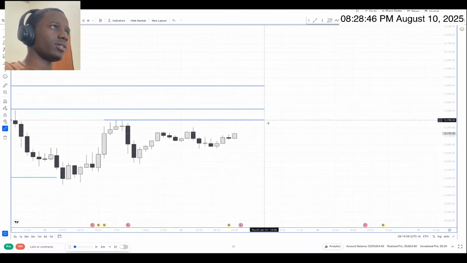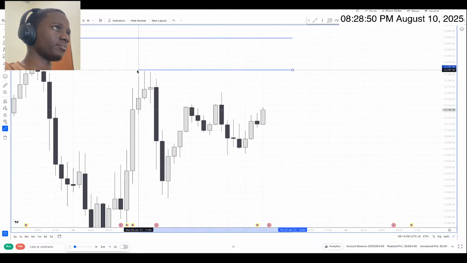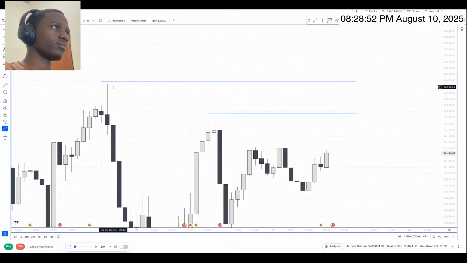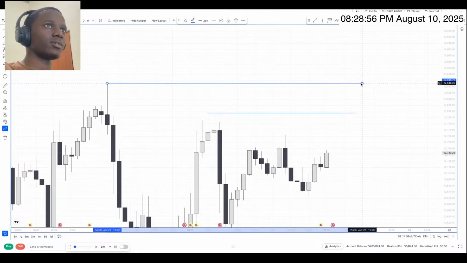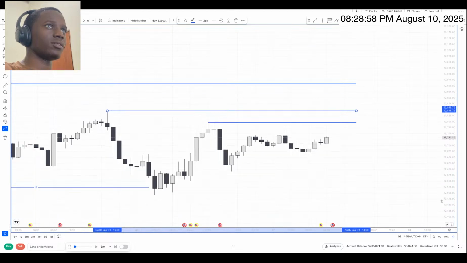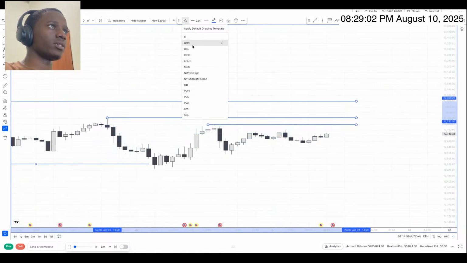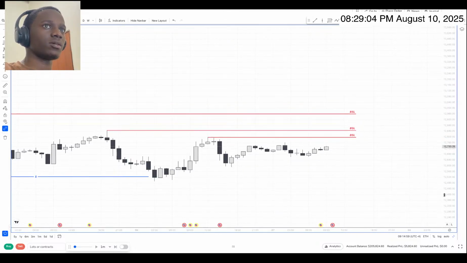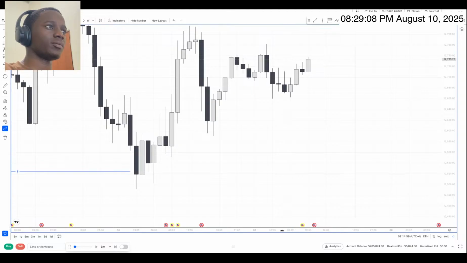Now down to the 1H it becomes clearer. This as well is another buy side level. All of these are buy side. Okay, now since we're in the 1 hour, let's see what price is doing.